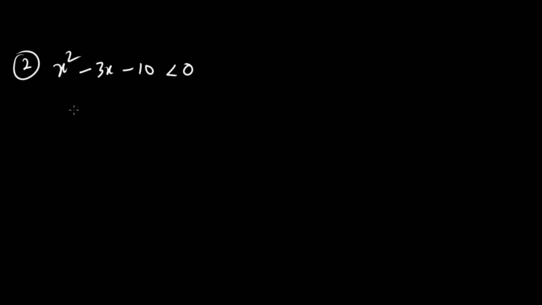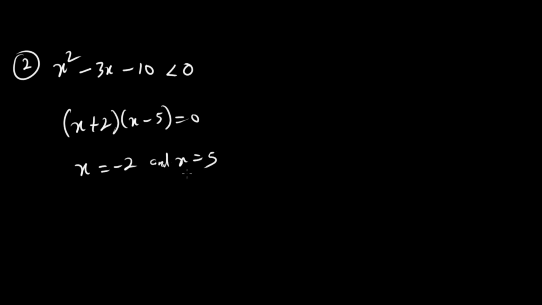So the first thing we have to do also is to find the roots of this equation after factorizing it. To factorize, we are going to have x plus 2 and x minus 5 equal to 0, and we have the roots to be x equal to negative 2 and x equal to 5. Having these as the roots of the quadratic equation, we're going to have our sign chart.